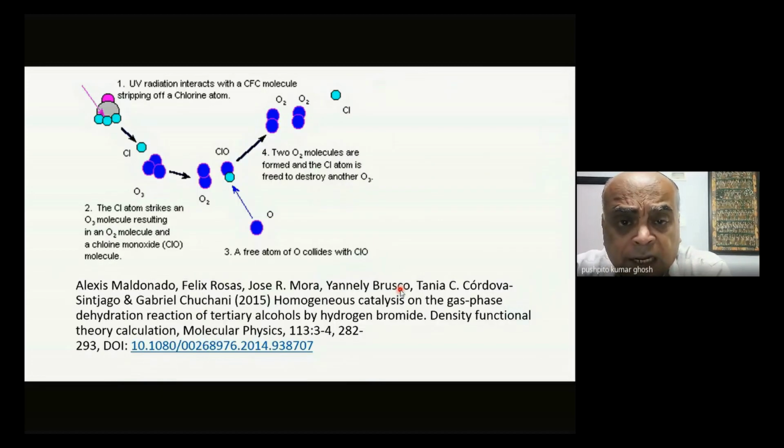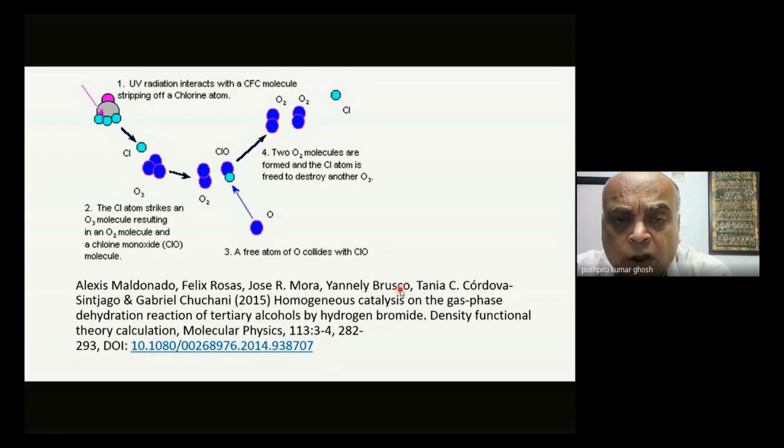Now, let us look at one more gas phase reaction, because there is a tendency whenever we talk about catalysis to either talk about the liquid state, or about liquid-solid or gas-solid heterogeneous catalysts, solid catalysts.